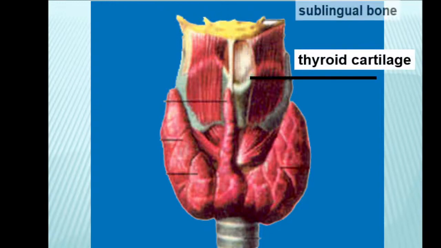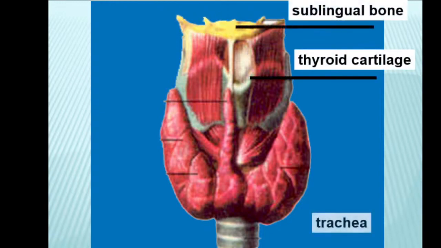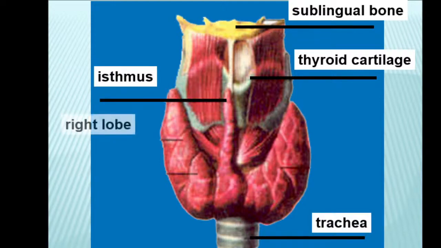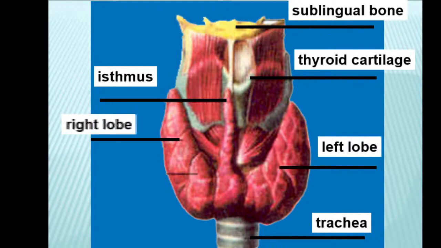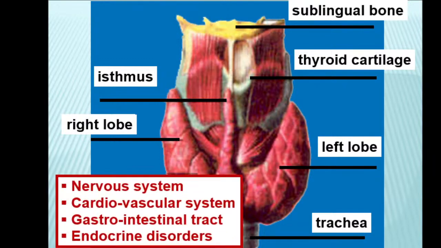I'll remind you of the anatomy of the thyroid gland, which is localized at the level of the thyroid cartilage and has two main structures, isthmus and lobes. Normally the thyroid gland is invisible and impalpable. We'll study the pathology of the thyroid gland, and you can easily understand and answer this question if you remember the main problems which may be in a patient with disordered activity of the thyroid gland.